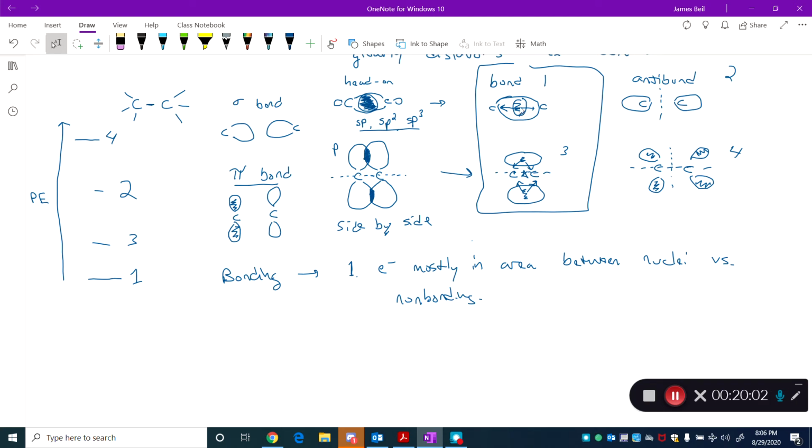But over here, there's more attractions we can form when the electrons get in an area close to two nuclei instead of just being in an orbital that's really around one nucleus. So that's versus a non-bonding situation. It's mainly the proximity of the electrons to both areas of positive charge and being able to attract to both.